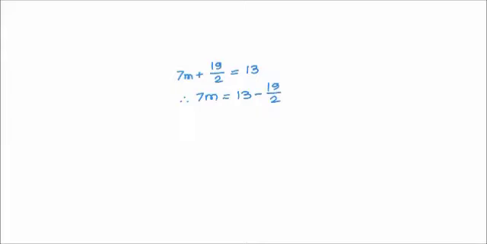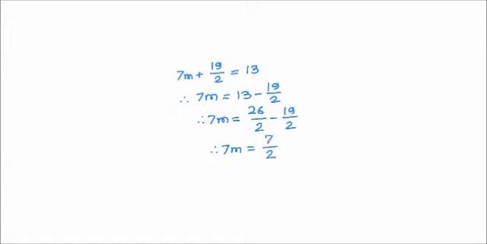So let's do that. 7m is equal to, we need a common denominator, same denominator. So we will take 2 here, then it becomes 26 upon 2, because 13 is 13 upon 1, and it will be 26 upon 2 minus 19 upon 2. So therefore 7m is equal to, the denominator 2 stays as it is, 26 minus 19 is 7 upon 2.